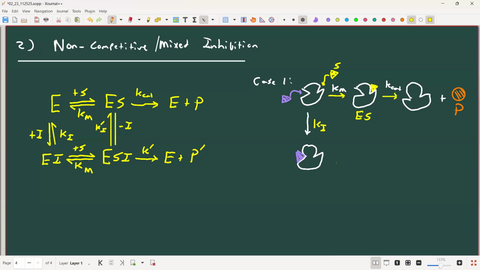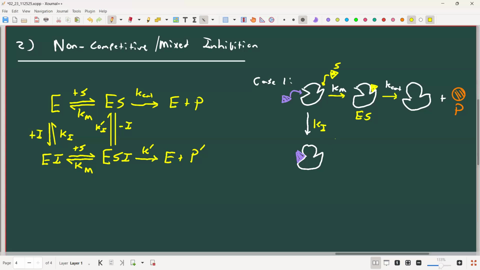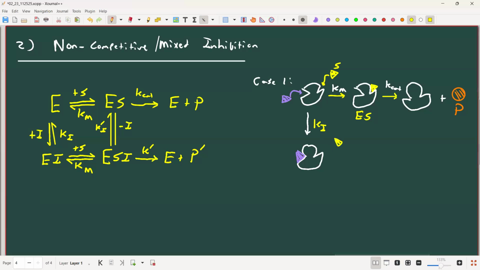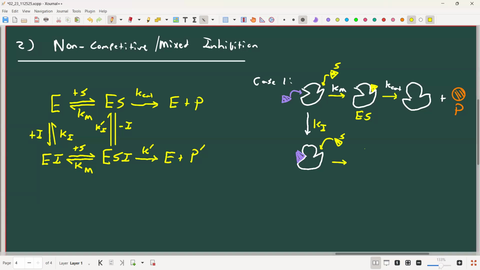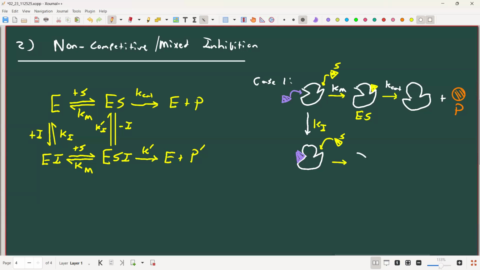Right? And then S can choose to come in if it wants. S has some ability to come in here. And now what I have is a complex that's bound to two things. I have my substrate here, and I have my inhibitor. This is ESI.